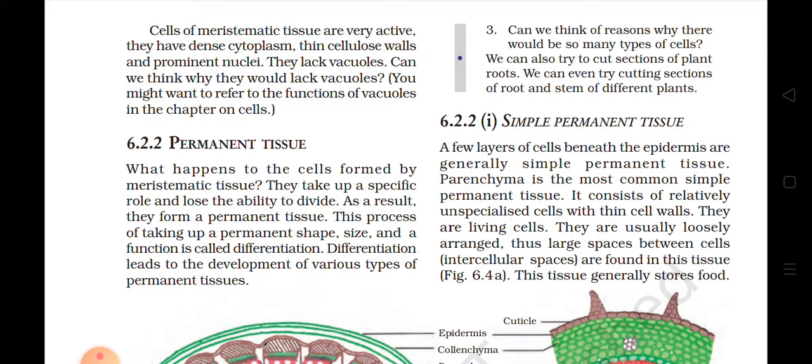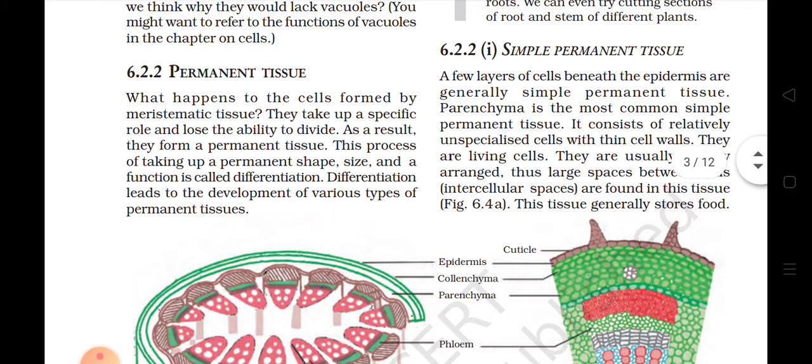So they utilize all the energy. Now permanent tissues. Permanent tissues, when they take up their specific role, means their function is permanent. All the cells are grown properly and their function is permanent, means these tissues, as the name says, have taken permanent shape, size and function.